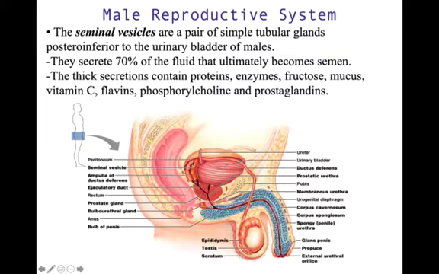The vas deferens is carrying sperm, cells that have heads and tails, and the seminal vesicles produce fluid. Mixing in our ejaculatory duct are sperm cells from the vas deferens and seminal fluid from the seminal vesicles. What do we call it now? You call that semen.